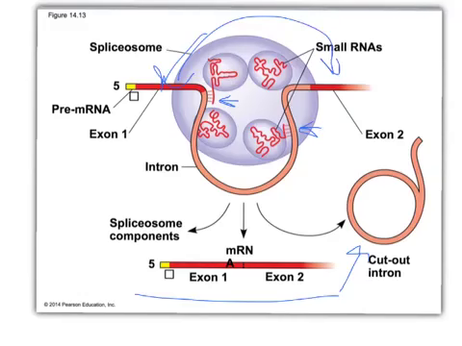The poly A tail and the 5' cap. So the cell recognizes that as non-coding RNA and digests it. So these nucleotides will be cut up and then recycled to be used in another coding for RNA polymerase. All right? Questions on splicing?